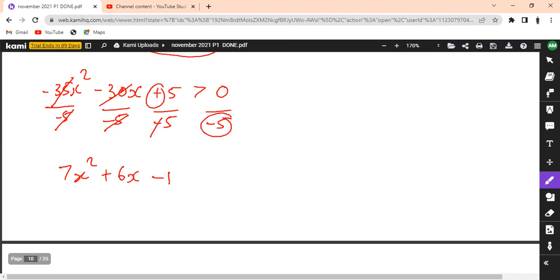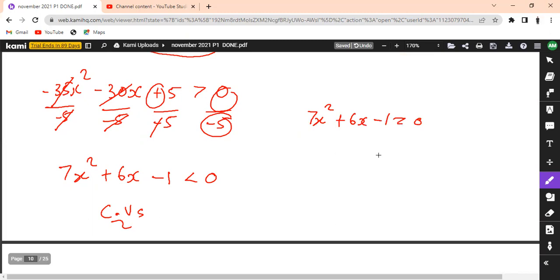And the moment we divide by a negative, the inequality sign is going to change. This is what we are left with, and we know that we have to find the critical values by solving the normal equation, which is this expression equated to 0. It's now just a quadratic equation.